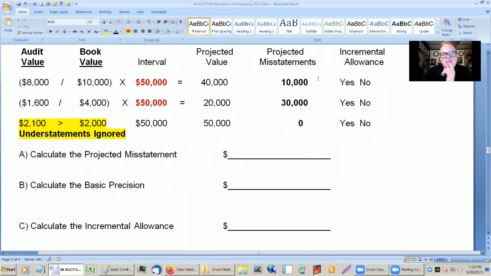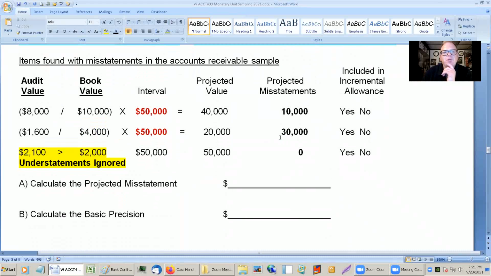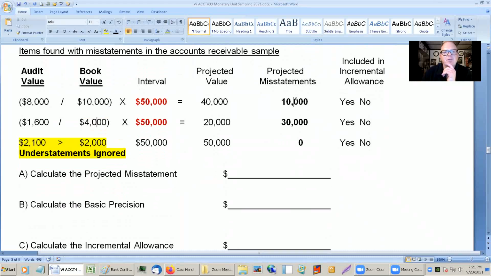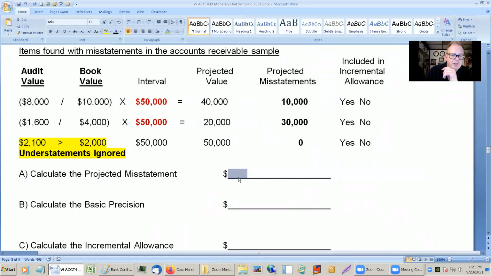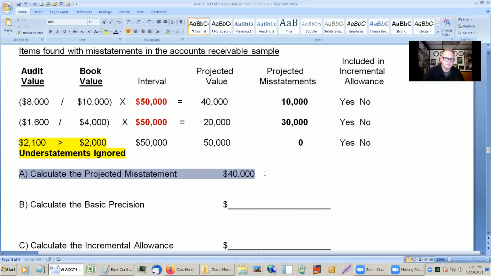Okay, so these together will be our projected misstatement. So 10 plus 30, $40,000. And this is our best estimate.